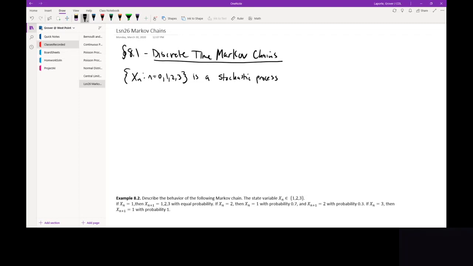It's simply a collection of random variables. So this is definitely a capital N, so I'll keep my notation that I've used in the past. So it's a stochastic process that takes on a finite number of states.